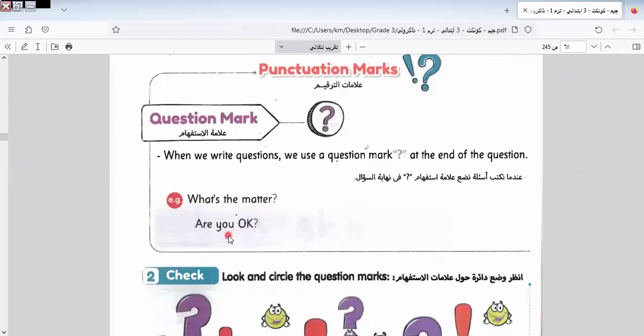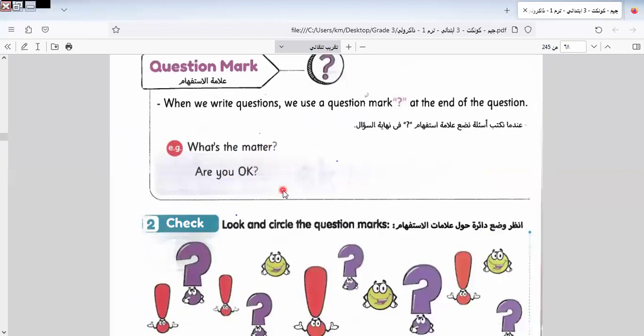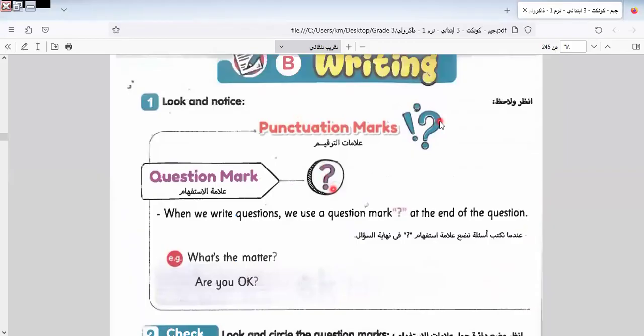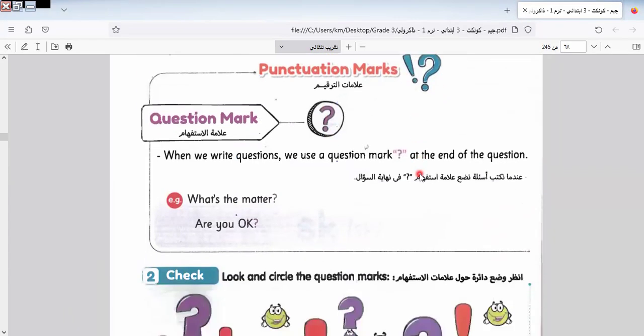Let's go to another one. In this part, we talk about punctuation marks. As we know, we have the full stop, the exclamation mark, and commas. These are called punctuation marks. If the sentence is interrogative or a question, I put a question mark. We have the same rule in all sentences. We must start the sentence with a capital letter.